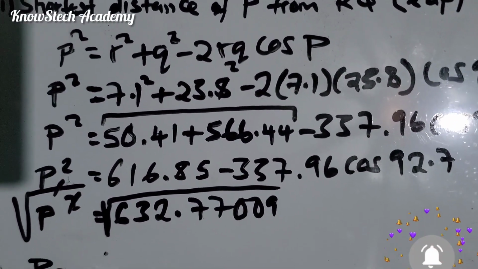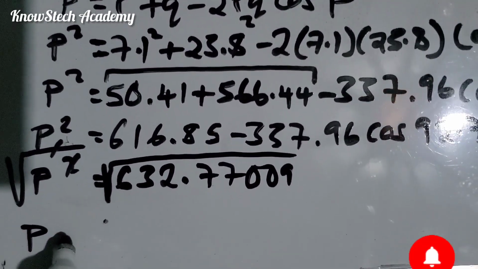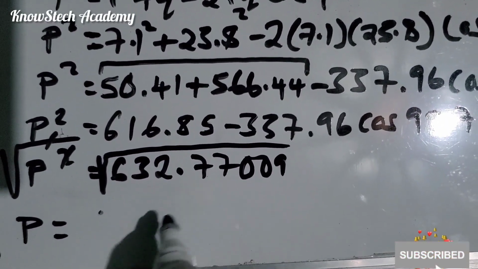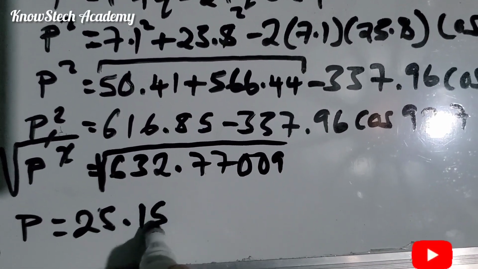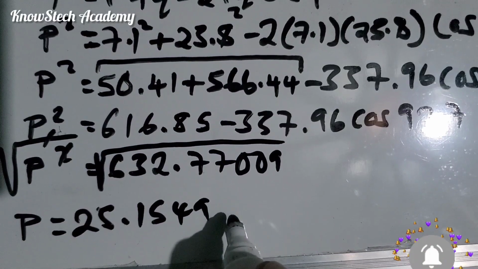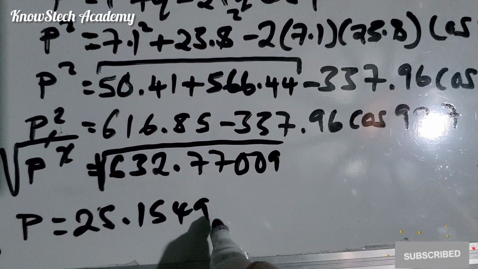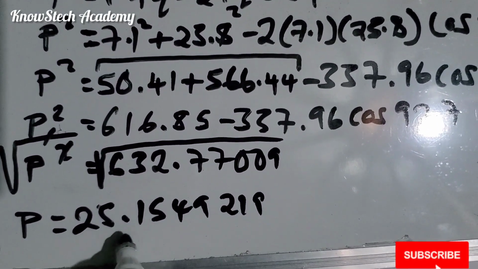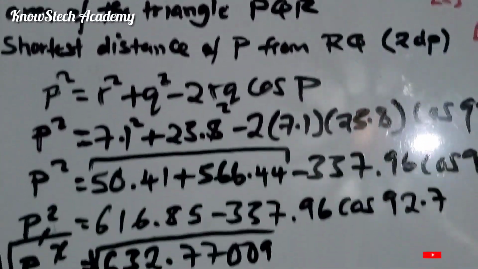Therefore, p is equal to the square root of 632.77, which is 25.154949219.